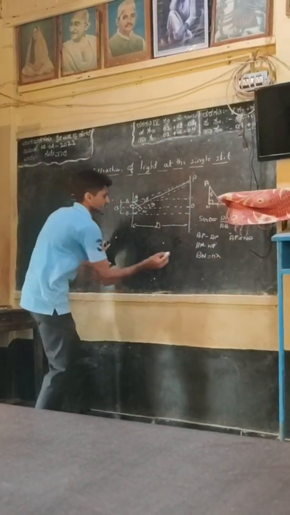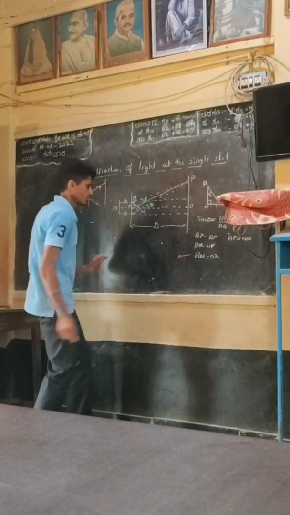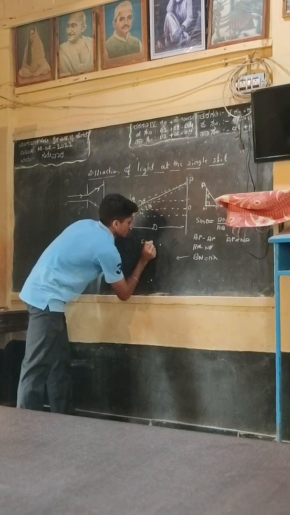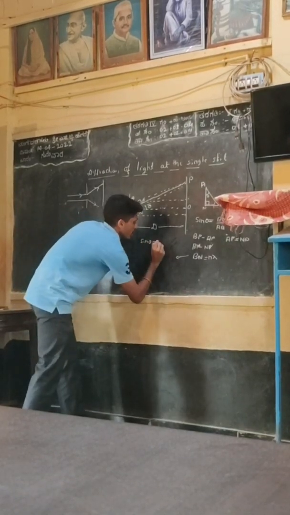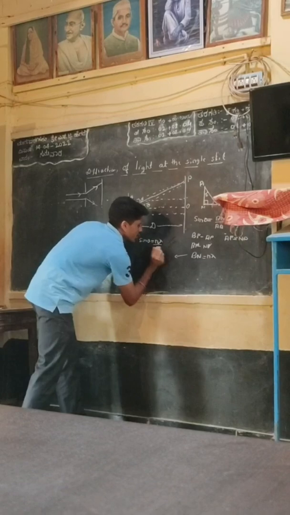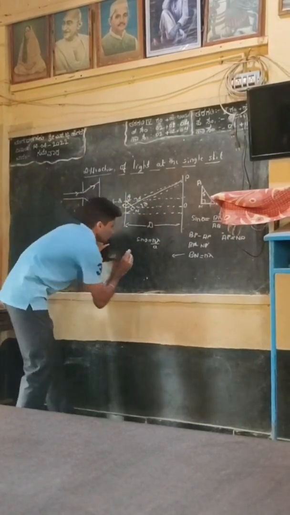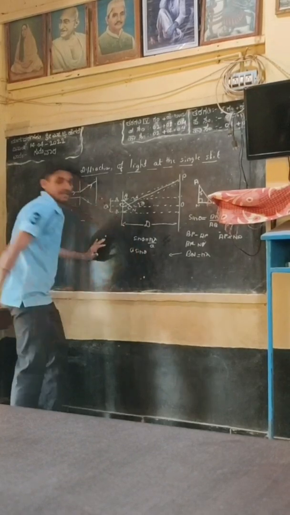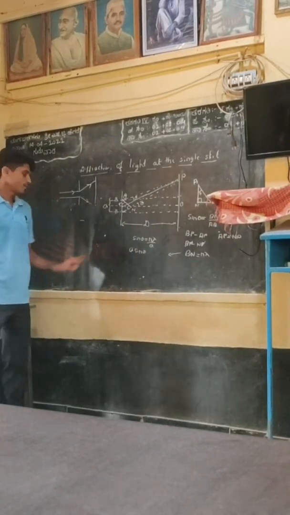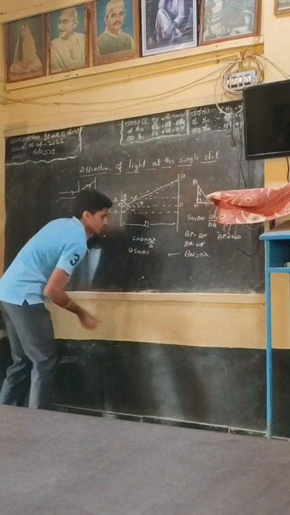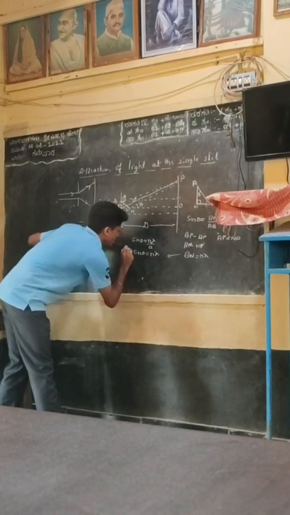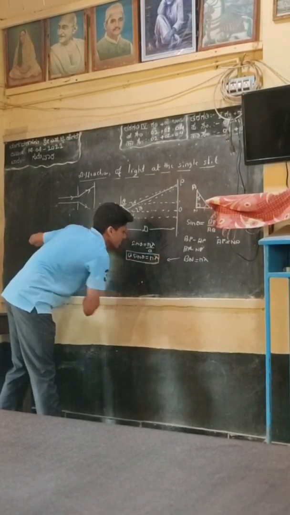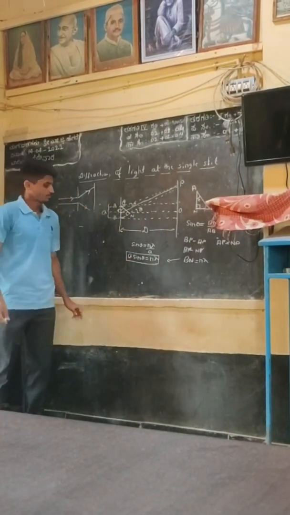So hence by this we can write sine theta is equal to n lambda divided by A. Then taking the A to the left hand side, we can write A sin theta is equal to n lambda, which is the equation for the path difference in the diffraction at the single slit.